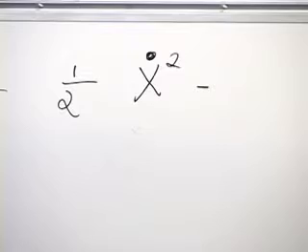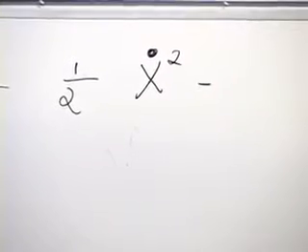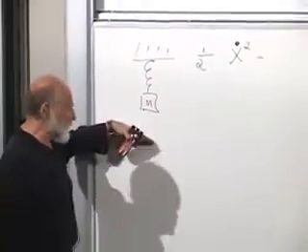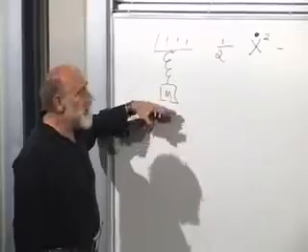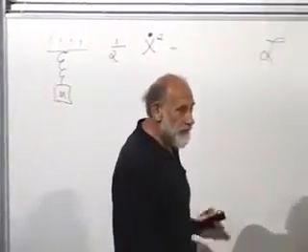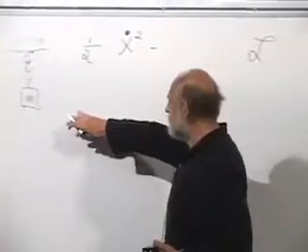What is the potential energy when you displace an oscillator away from its equilibrium position? Well, it increases if you displace it one way, and it increases if you displace it the other way. In either direction that you displace it, the potential energy increases. That's why it tends to come back to the origin.